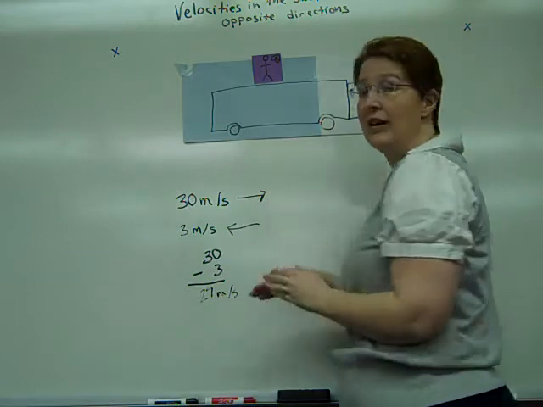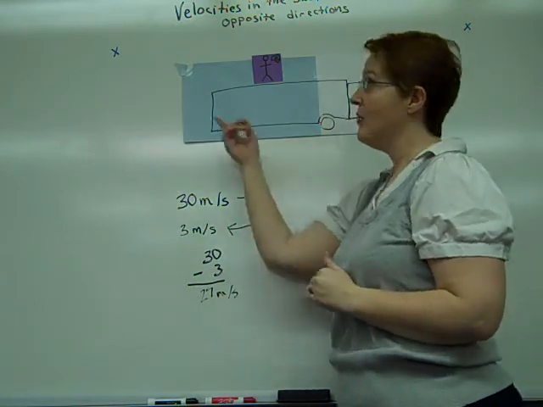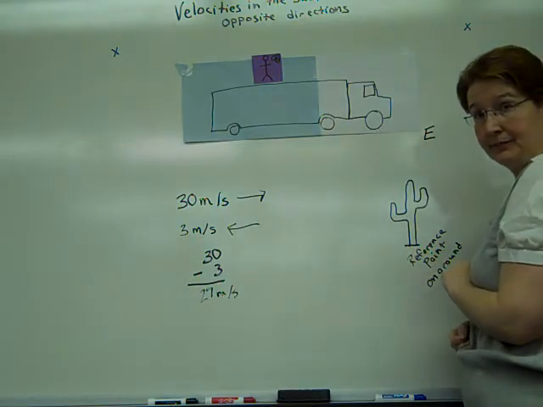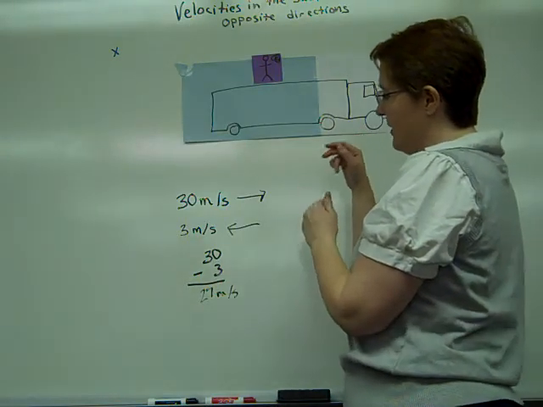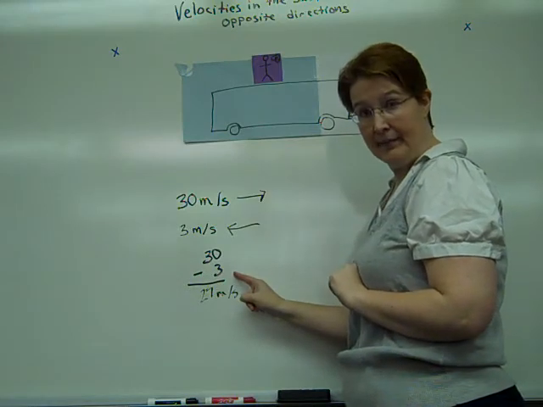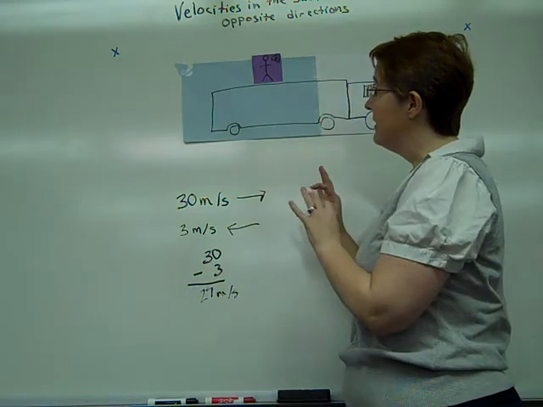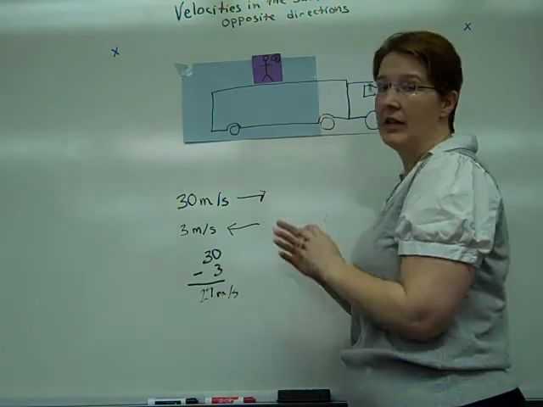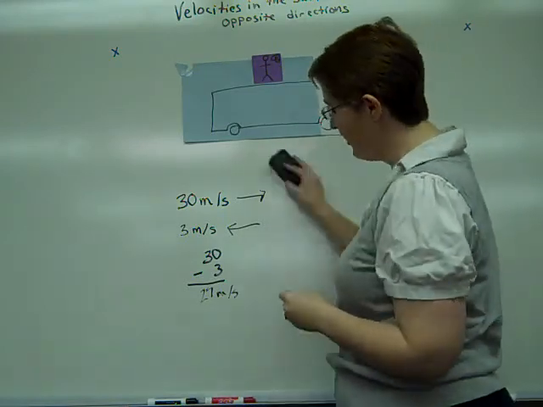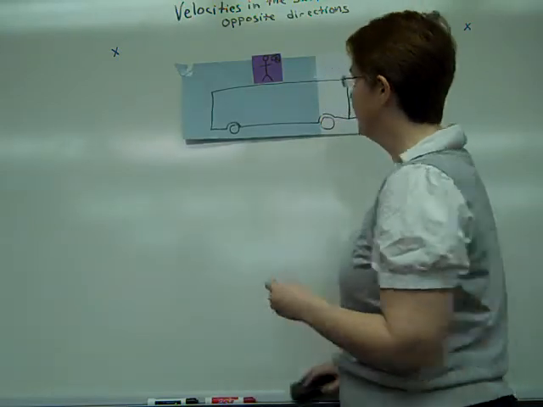If both things are moving in the same direction, then you add them together because the cactus isn't going to move. If both things are moving in opposite directions, then you subtract them. And if one thing isn't moving at all, then there's no math operation.